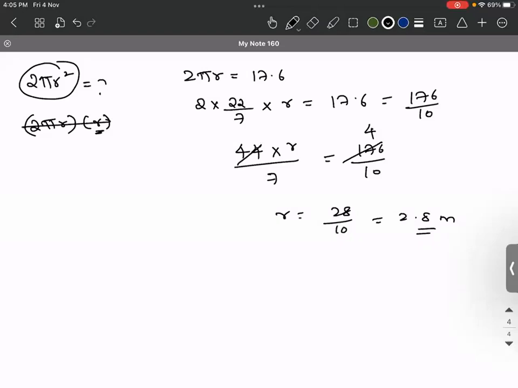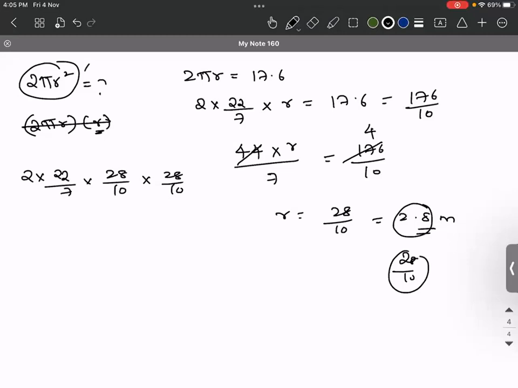So how do we find the curved surface area? 2 into 22 by 7 into 2.8 into 2.8. I'll write 2.8 as 28 by 10, twice, since I have r square here. So the 2 will cancel with this 2 times, giving 4 here and 5 there. So 22 into 4, that is 88.